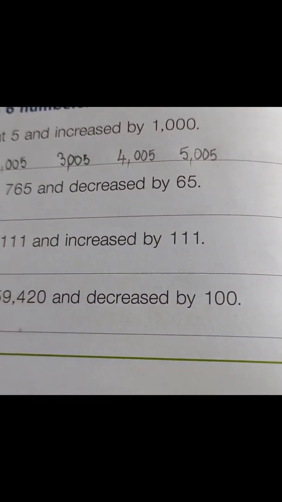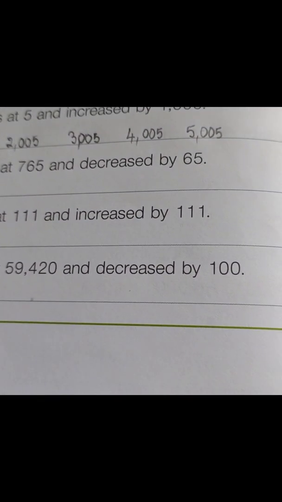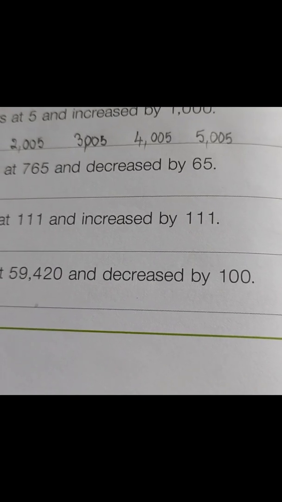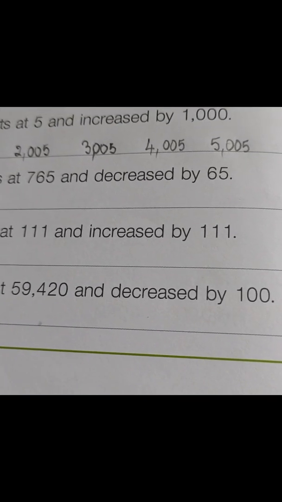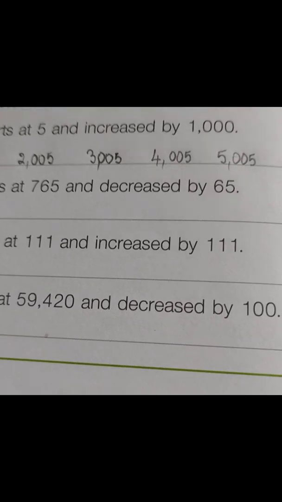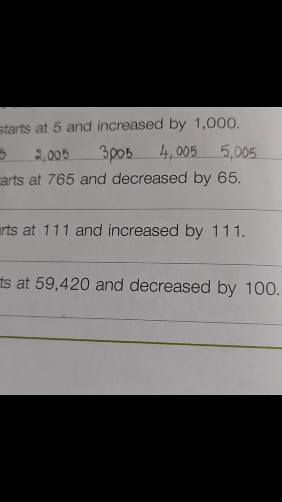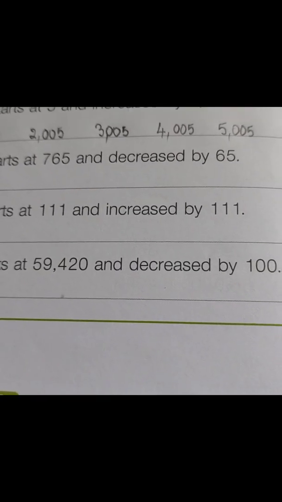Decrease, it means we are going down. From 765, we have to be going down by 65. So we have to do what? A subtraction. So 765 minus 65 will give us 700.